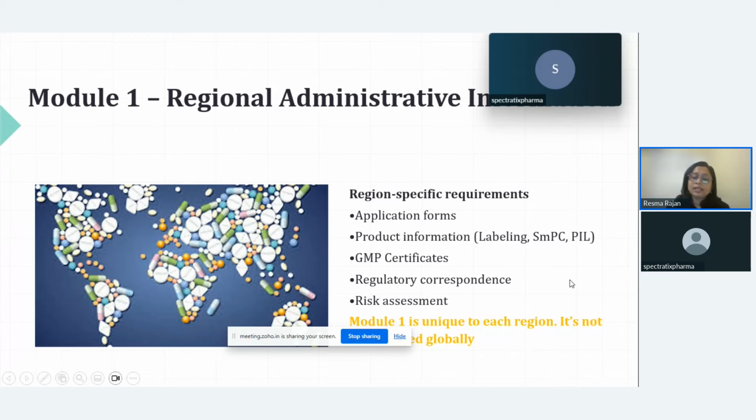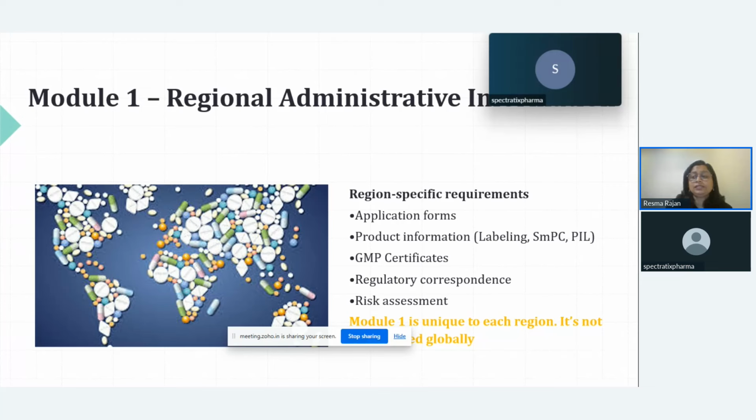Other than that, our GMP certificate, whether our facility is a GMP facility, and if it is, we will have a GMP certificate. Then regulatory correspondence with other countries, the previous regulatory approvals that we have, and then a risk assessment for the manufacturing of this product.